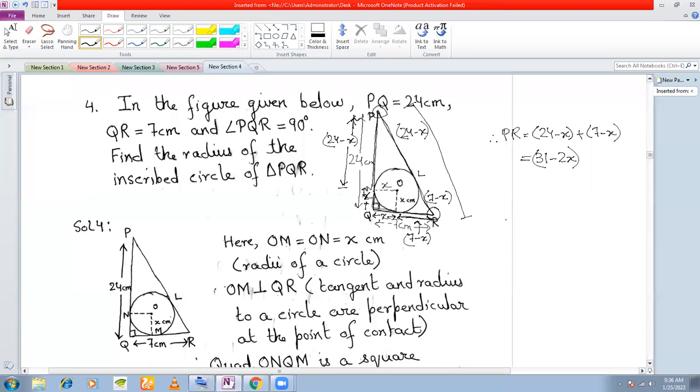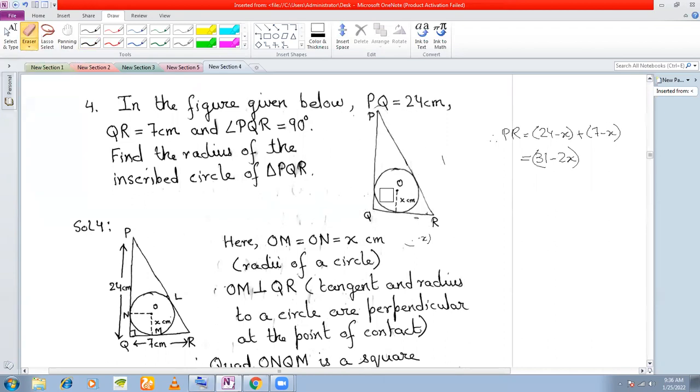Okay, once we have got the length of PR, what you must also observe is that PQR is a right angle triangle, right? So erase all this. What you also observe is that this is a right angle triangle in which this length is 24 and this length is 7, right? So therefore, PR square must be equal to PQ square plus QR square.